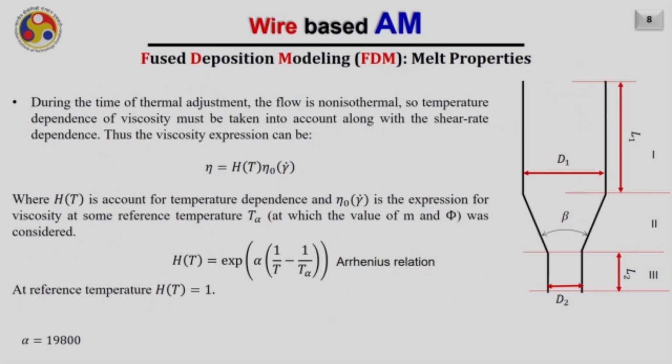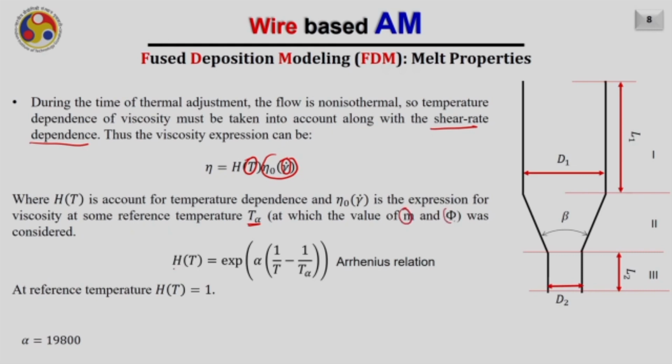As I have already mentioned, during the time of thermal adjustment, the flow is non-isothermal. So, temperature dependence of viscosity must be taken into account along with the shear rate dependency. Thus, the viscosity will be modified. Now, the viscosity will not be only a function of the strain rate that was assumed earlier, but it will be a function of the temperature also in the melt or in the liquefier, where HT accounts for temperature dependence, and like I mentioned, eta naught of gamma dot is the expression for viscosity at the reference temperature T alpha, at which the values of m and phi were taken in the beginning.